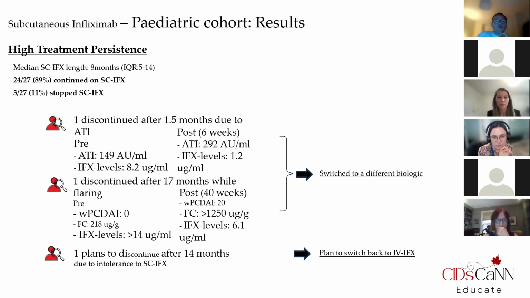And then the last one, it's fair to say this doesn't suit everybody. So there are some patients who don't enjoy the subcut experience, and this is one of a couple of patients now who have wanted to switch back to IV. So I think that is an honest experience of what's happened. Next slide, please.